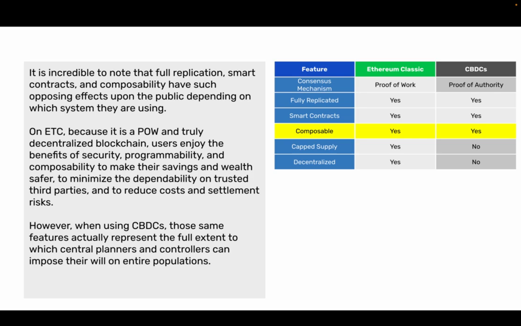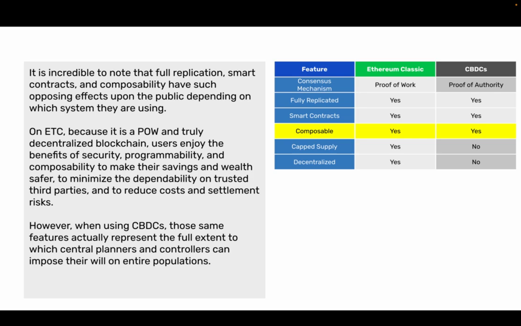It is incredible to note that full replication, smart contracts, and composability have such opposing effects upon the public depending on which system they are using.